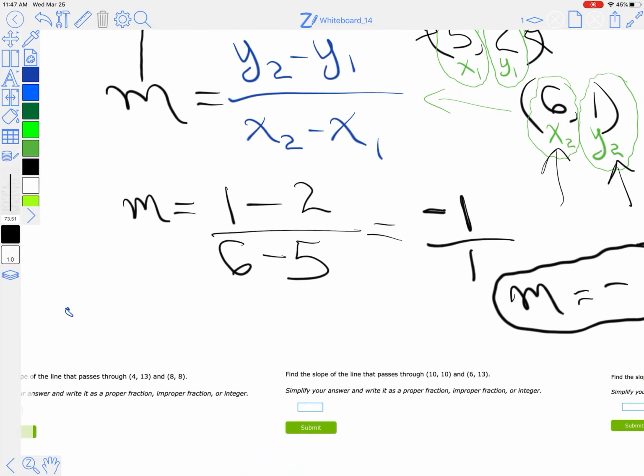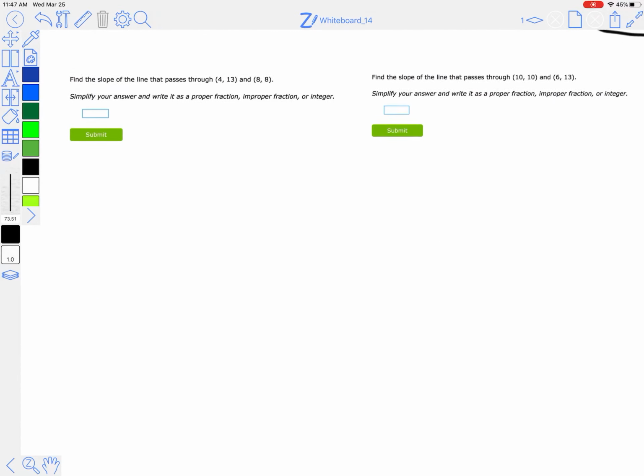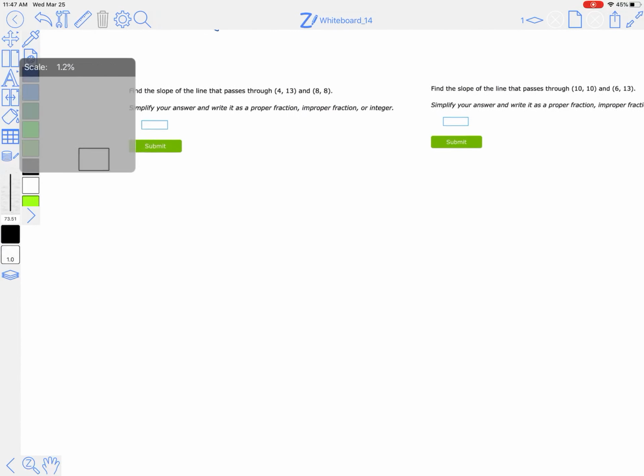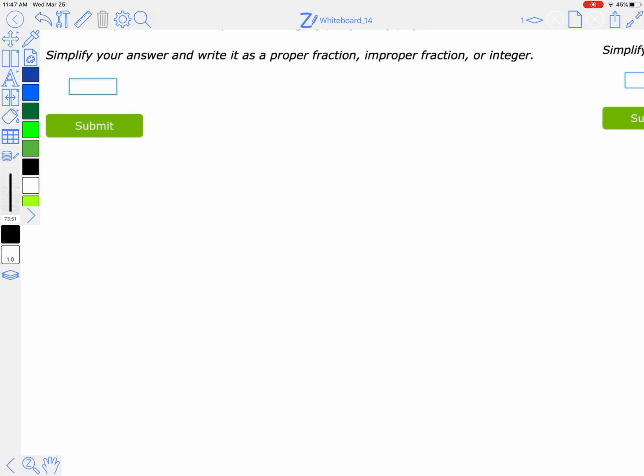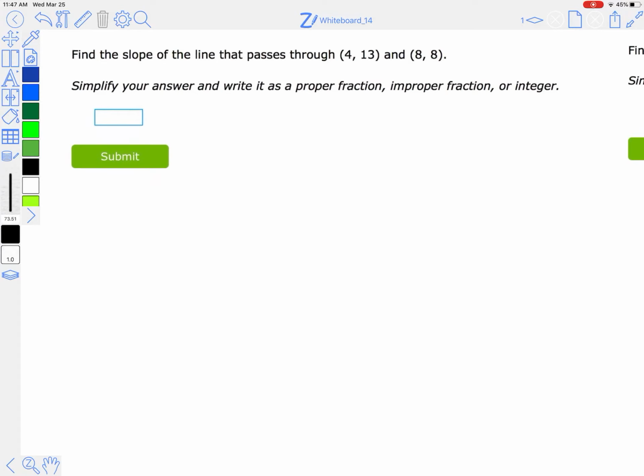All right, let's look at a couple of examples that you'll find in your IXL topic. Find the slope of the line that passes through (4, 13) and (8, 8).